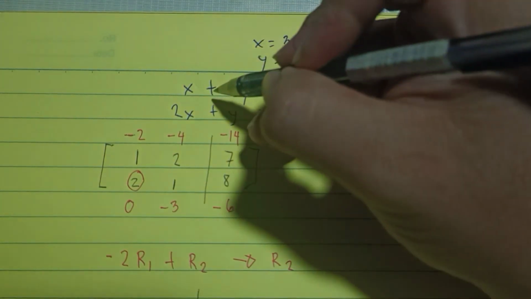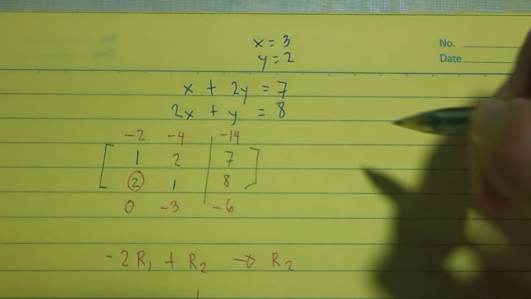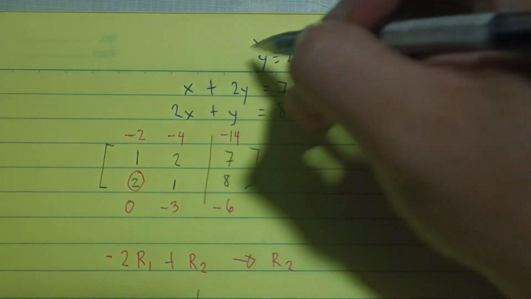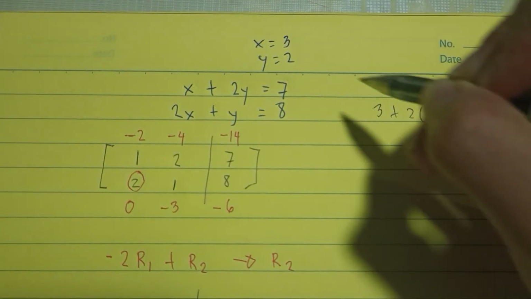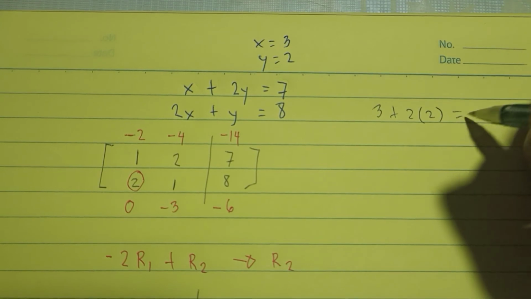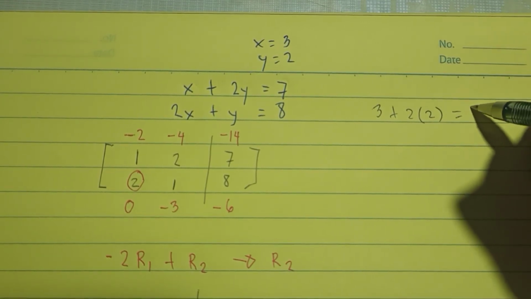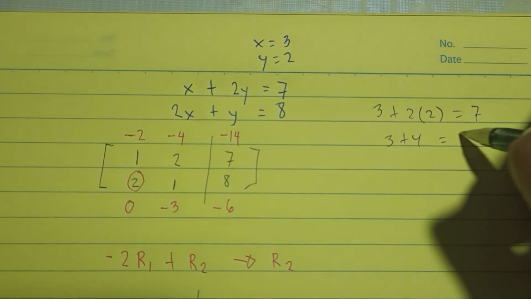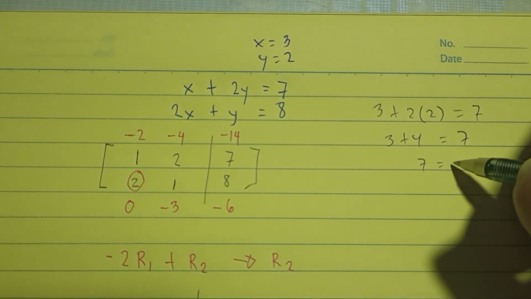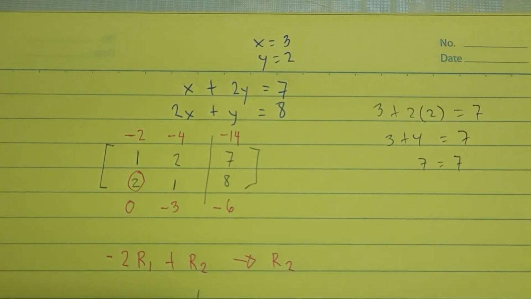So let's substitute it here. First equation: x is 3, so 3 plus 2 times 2 is equal to 7. So 3 plus 4 is equal to 7, so 7 is equal to 7. That's right.